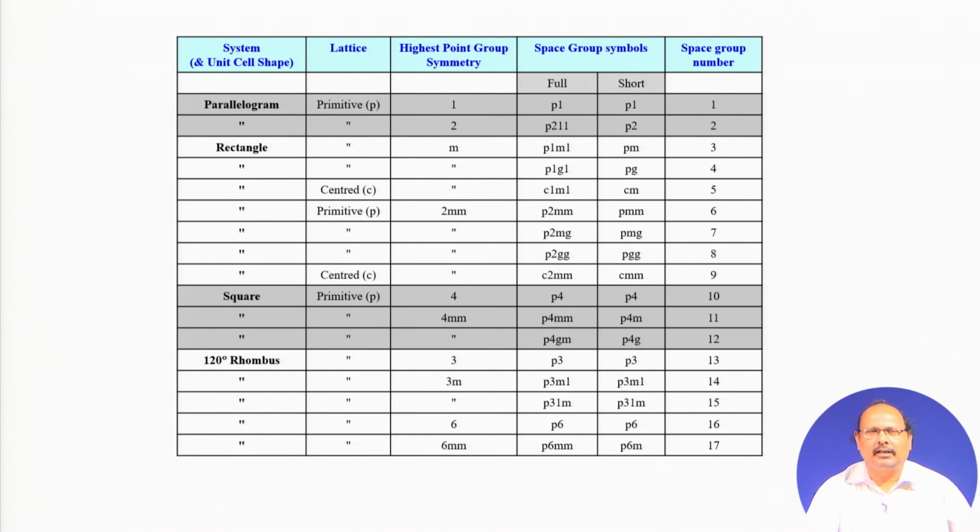Now, let us consider this particular part in this table. This is summarized here: the different lattice types and the highest point groups of symmetry as we have done it here, and these are the space group symbols, and these are the total 17 space groups that we have done. This is summarized in this particular table, which I am not repeating here.